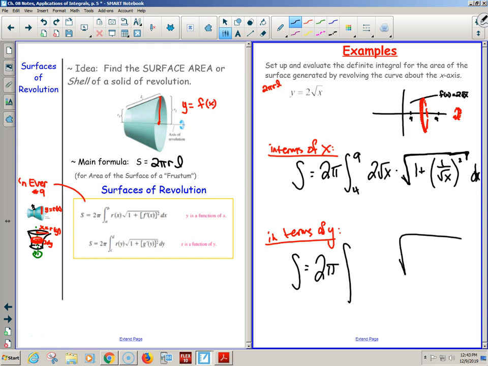Oh, not 0. Wouldn't it have been 2 root 4 to 2 root 9? See it? You gotta plug in the x's. Lorenzo, hang in there. Don't you have to plug in 4 and 9 to 2 root x to get, well, 2 times 2 is 4, but 2 times 3 is 6.